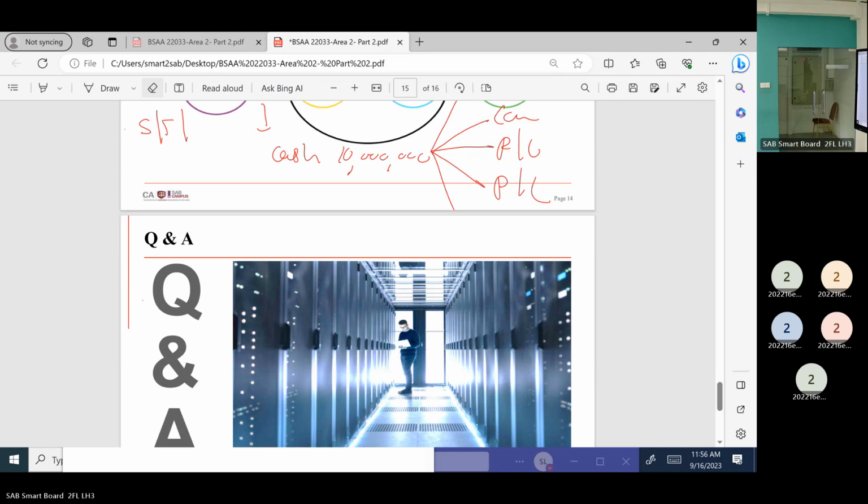So different technologies can be used. Anyway, risk is there. So the control is there. Whether the control is happening or not is a control risk, right?